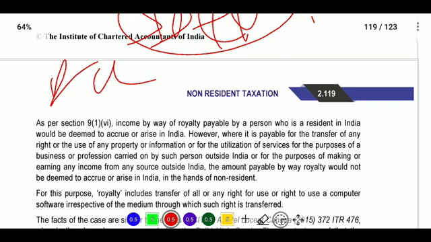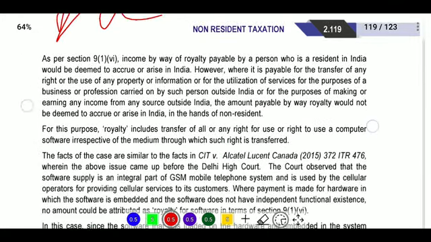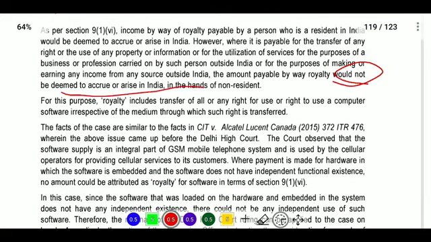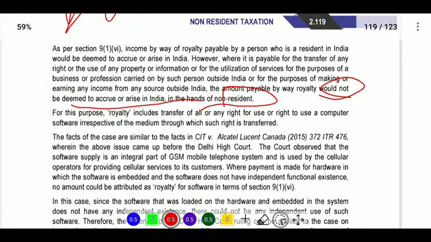However, where it is payable for the transfer of any right or the use of any property or information or utilization of service for the purpose of business or profession carried on by such person outside India for the purpose of making or earning any income from any source outside India, the amount payable by way of royalty would not be deemed to accrue or arise in the hands of the non-resident.